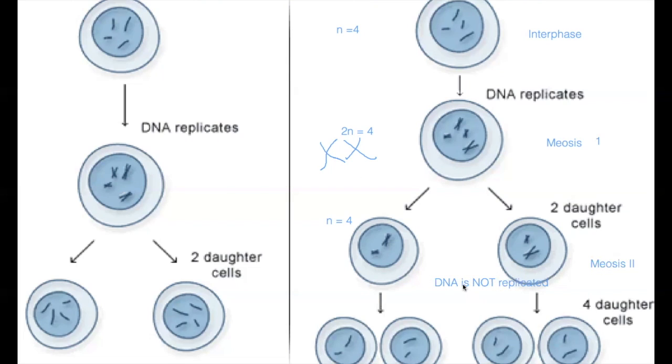And so this results in us getting 4 of these unique haploid daughter cells. 1, 2, 3, 4. And they're unique, and they have half the number of chromosomes that the original cell does, and that is n equals 2.